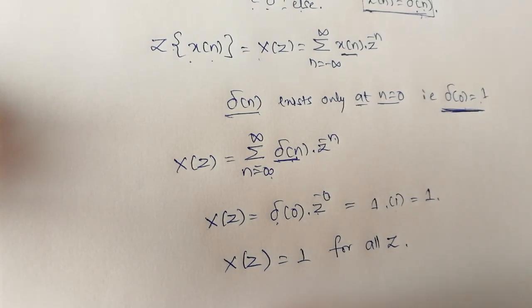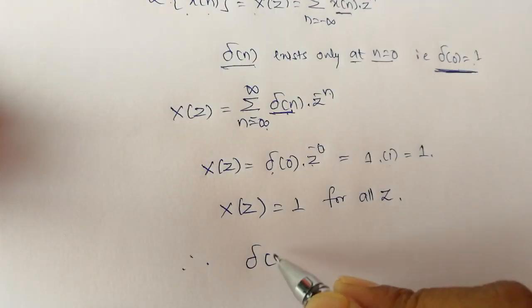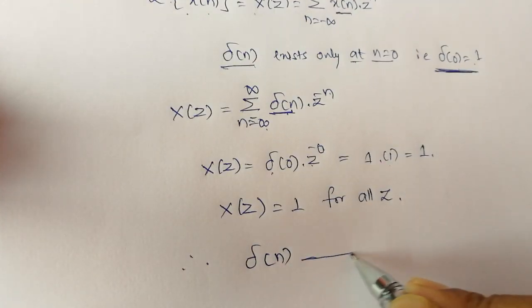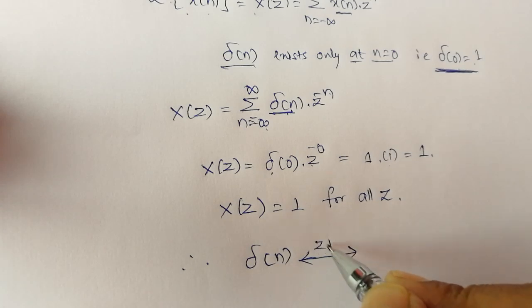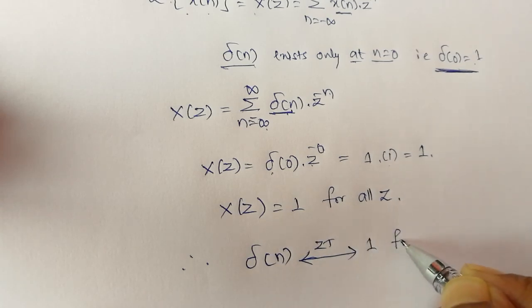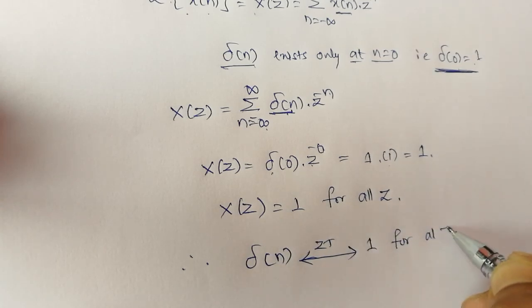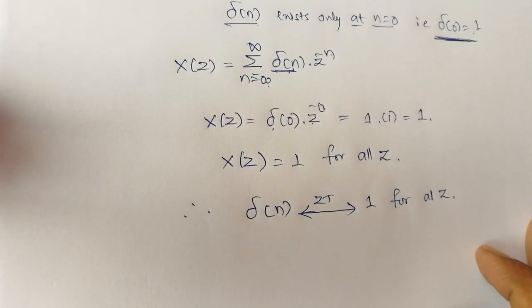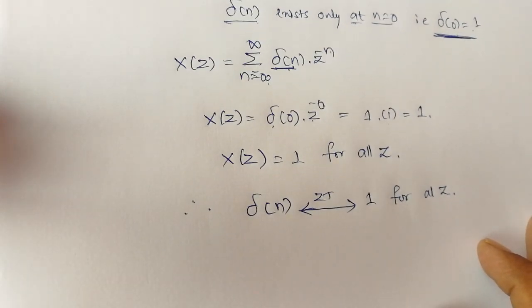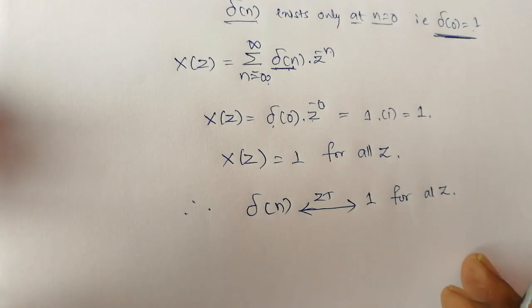So if you are representing it in terms of ZT pair, delta of n has Z transform pair 1 for all values of z. So next is the representation of zeros and poles. We know zeros are present at the numerator and poles are present at the denominator.